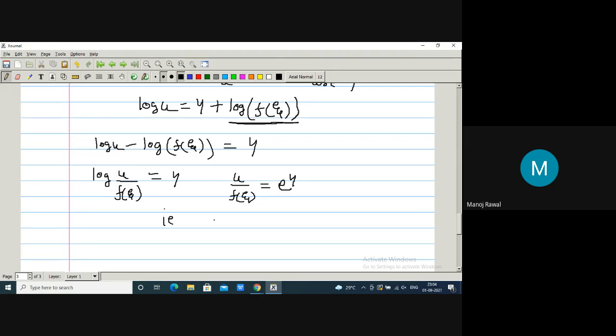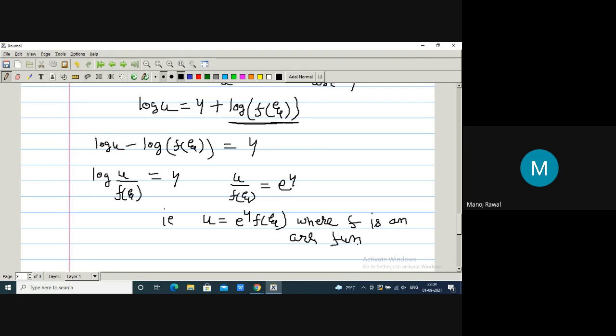That is, u is nothing but e raised to power eta times f(xi), where f is an arbitrary function. Okay, so we are done, students.